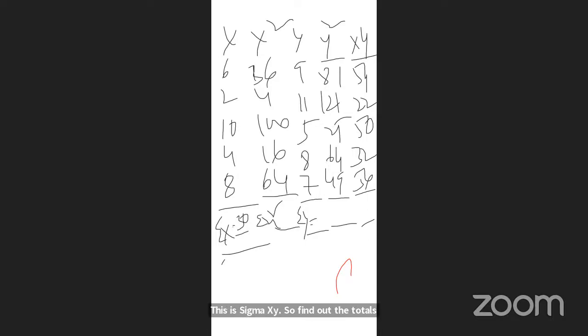Your sigma X is equal to 30. Your sigma X square is equal to 220.